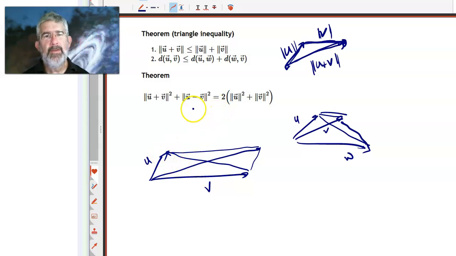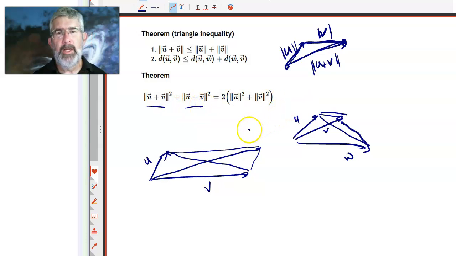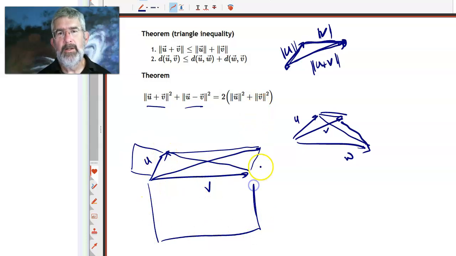And what this says is that the sum of the squares of the diagonals, so this is the square of one diagonal, that's the square of another diagonal, is equal to essentially the sum of the squares on all the sides, because u squared would be the area of a square here, and v squared would be the area of a square there, but that's times 2, so you've got this one and that one.